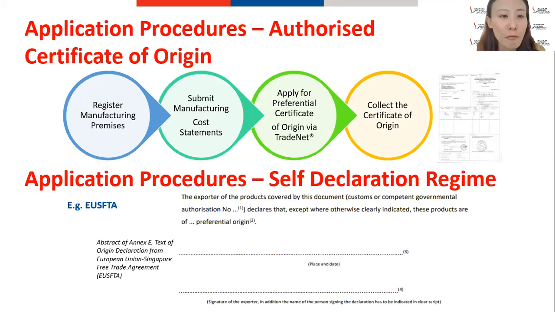The exporter can follow the template provided in the FTA and make a self-declaration in their commercial documents, such as the sales invoice. However, it is important to note that when using such an FTA, the company must do their due diligence to ensure that their goods qualified before declaring it.